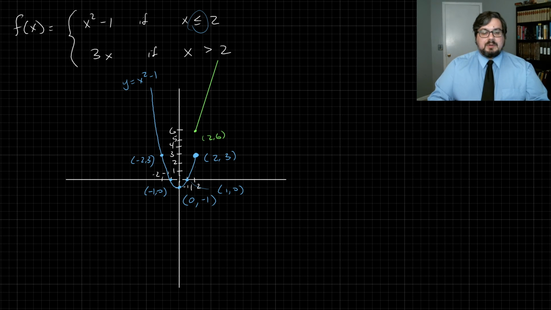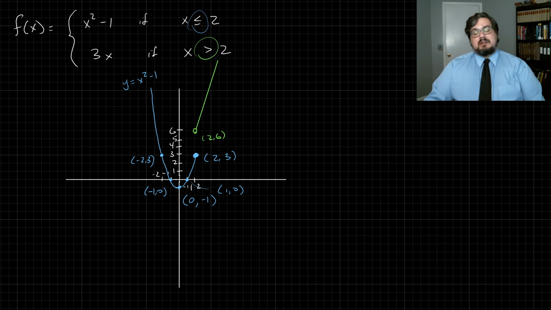And then we look at the point that we've got here and decide, is this an open circle or a closed circle? Well, of course, it has to be an open circle because this is a greater than 2 condition here in the interval of definition.